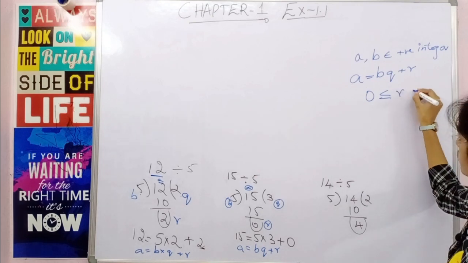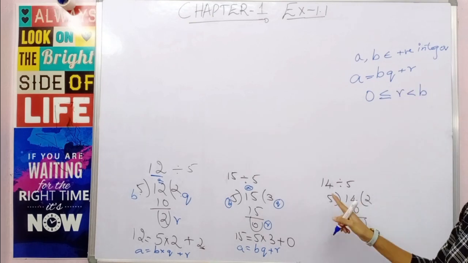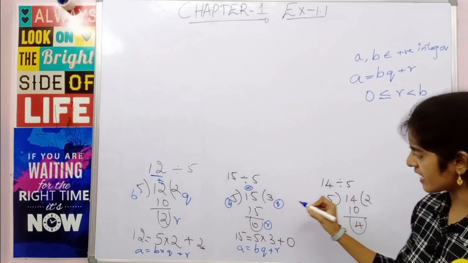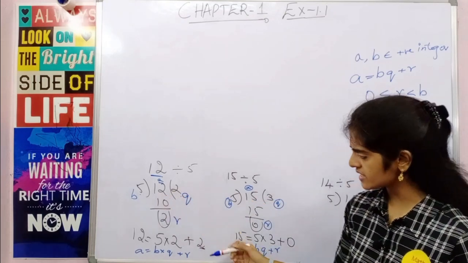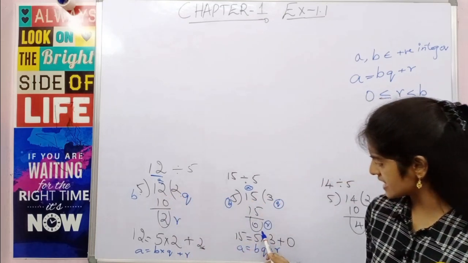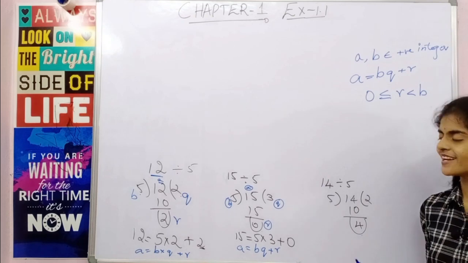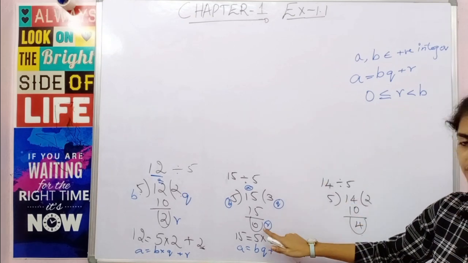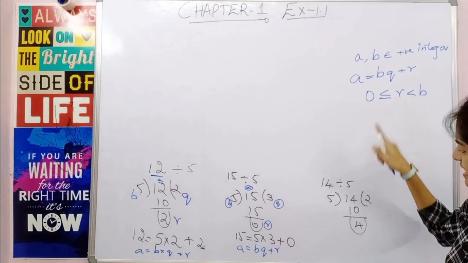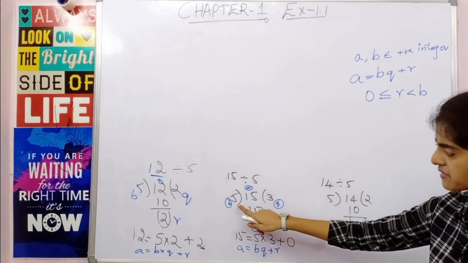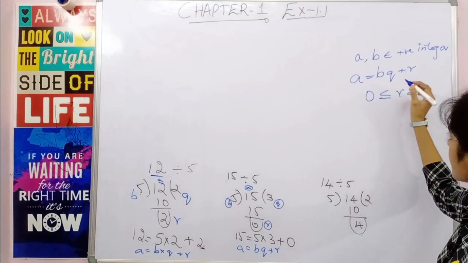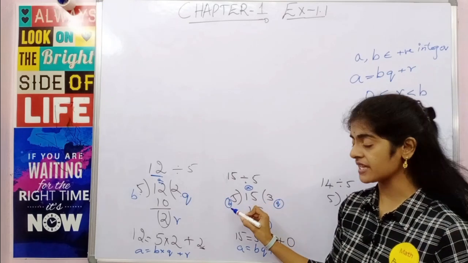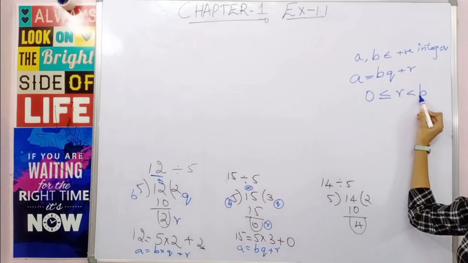But R cannot be greater than the divisor, okay. Here the divisor you have taken as 5. You see in all the cases R is always less than 5, right. So R can be either 0 or a number less than 5, okay. Here 5 is nothing but the divisor. Divisor we have represented with the letter B, okay. So the same thing I have written here, okay.